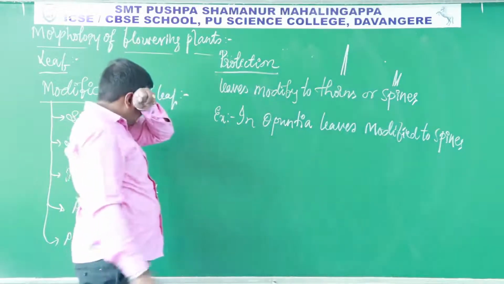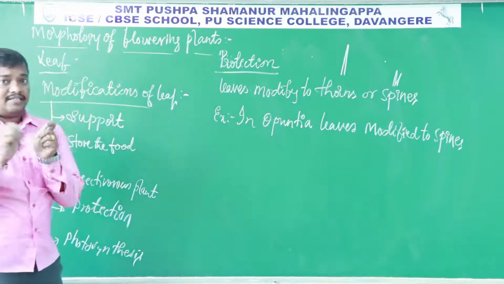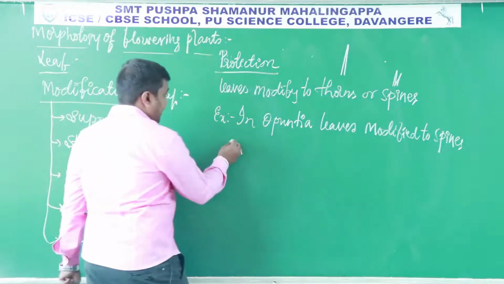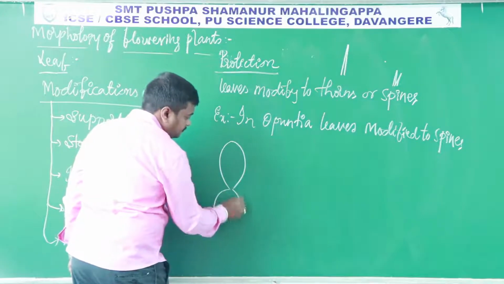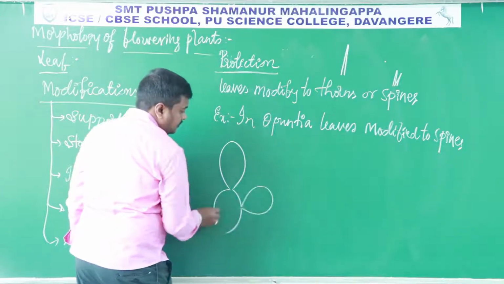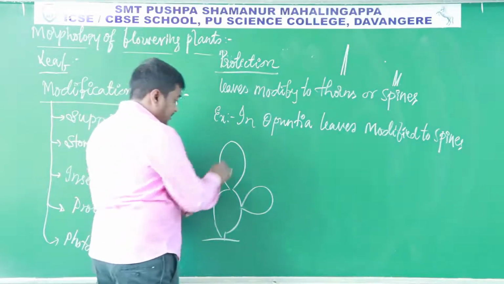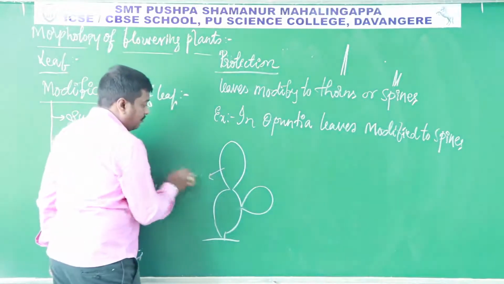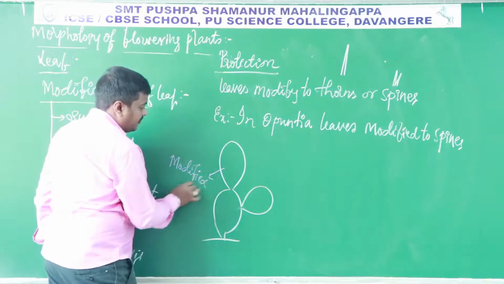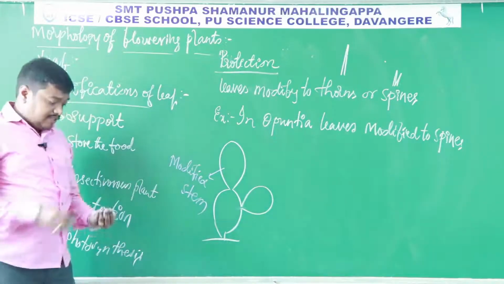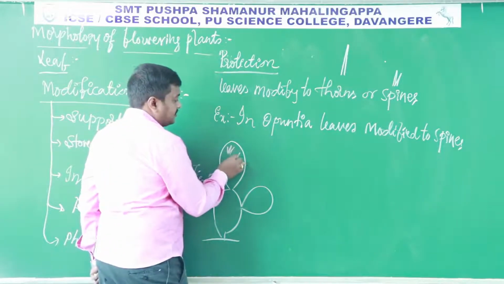If you recall the one more modification of opuntia where the stem is modified to leaf, the actual stem is modified to a leaf-like structure. So it looks like this. Actually this structure is a modified stem. On this stem, very small pointed structures were present.